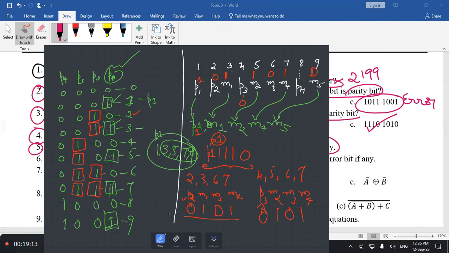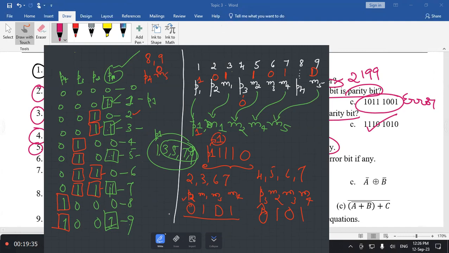Oh God, we forgot P4. Tell me, from where do you get P4? You get it from 8 and 9. 8 will be your P4 only, right? See, I will write it here. 9 will be your M5, 0.